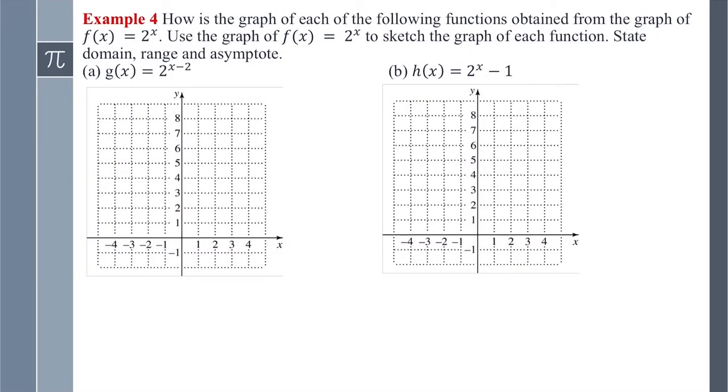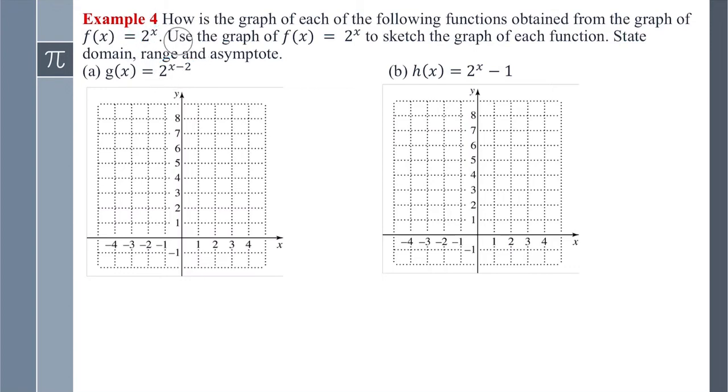Now let's look at this graph. Okay, so we have a function 2 to the x, and then from that function we can find several other functions. If we compare this with 2 to the x, what we see here is we have x minus 2. That means we are subtracting a number from x.